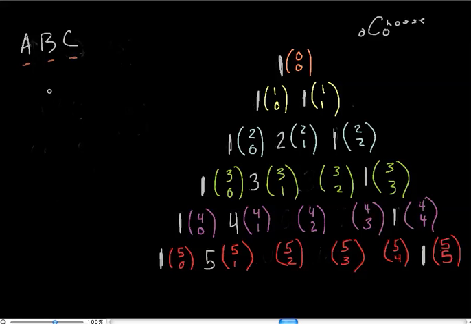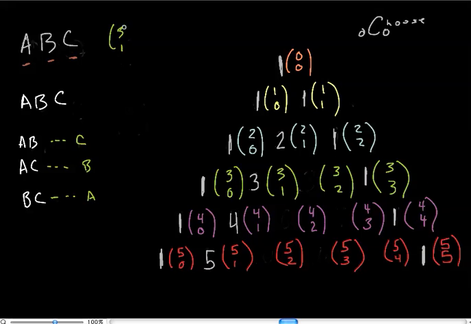Well, again, what if I have A, B, and C, but now I want to choose 2 of them? I could choose A, B, I could choose A, C, or I could choose B, C. Now, how is that related to the one above it? Choosing AB is another way of saying not choosing C. Choosing AC is like not choosing B. And choosing BC is like not choosing A. So how many ways can I not choose an item? It's the same as how many ways I can choose one item.